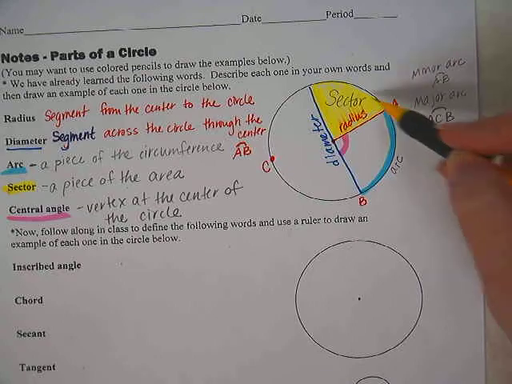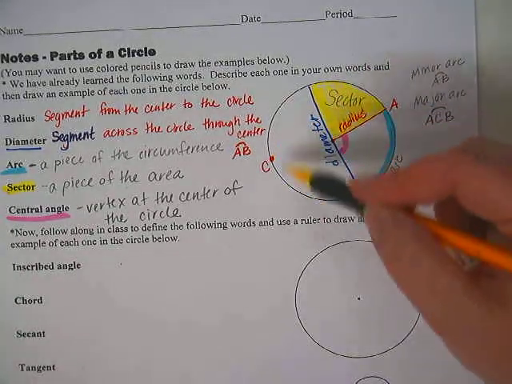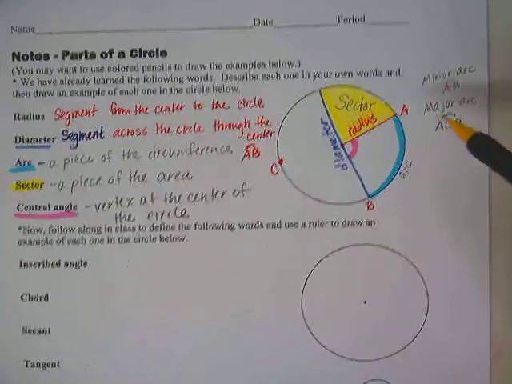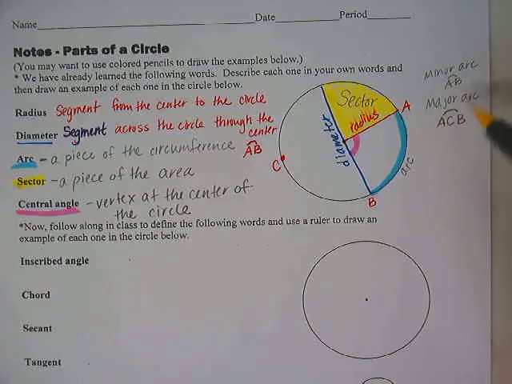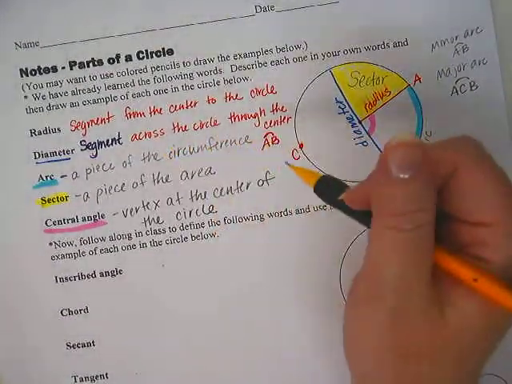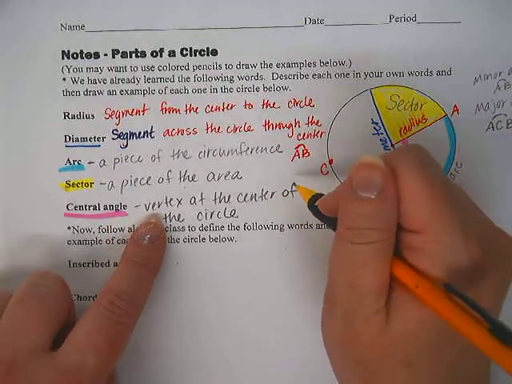The minor arc I've highlighted in blue, and it's just directly from A to B, the short direction. But a major arc would go from A to B through C. So it would be the large arc from A to B, right? So just if you're not sure you'll remember that it's 3 letters, that wouldn't be a bad idea.